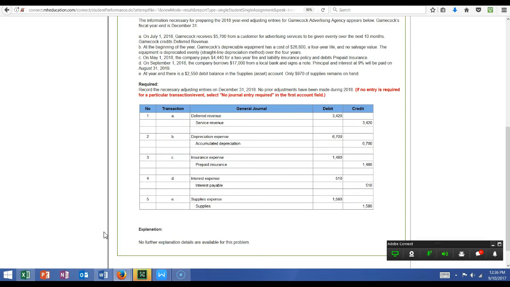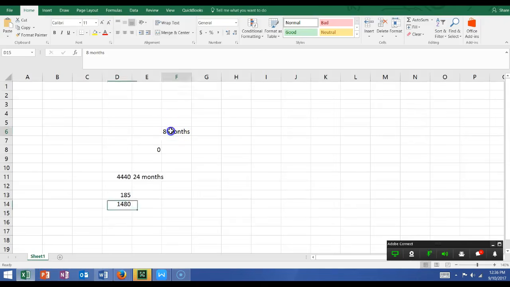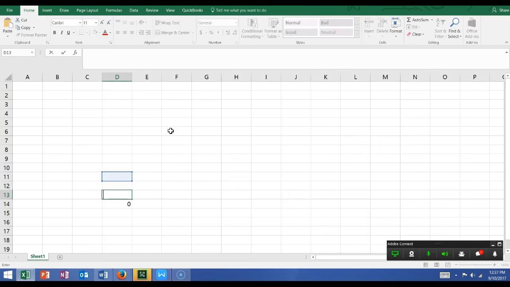We need to calculate $17,000 at a 9% interest rate. Okay? Interest rates are always calculated annually. So 17,000 times a 9% interest rate means the interest for a year is $1,530.